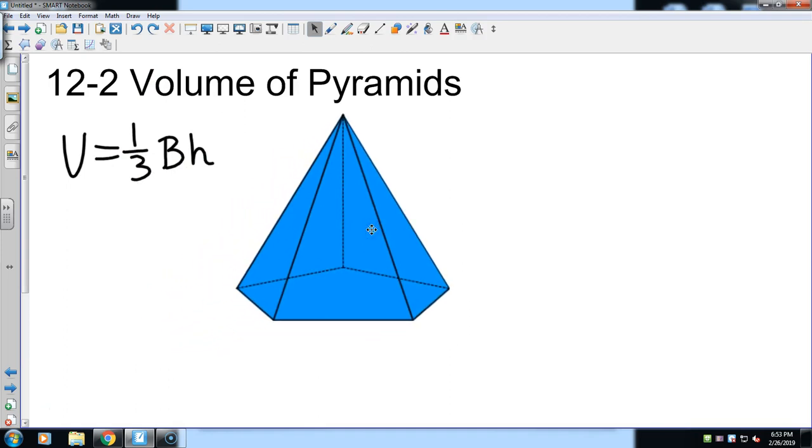Okay, so here we have a pentagon on the bottom. And let's say that it's a regular pentagon. So let's say that each of the sides is 5 feet.